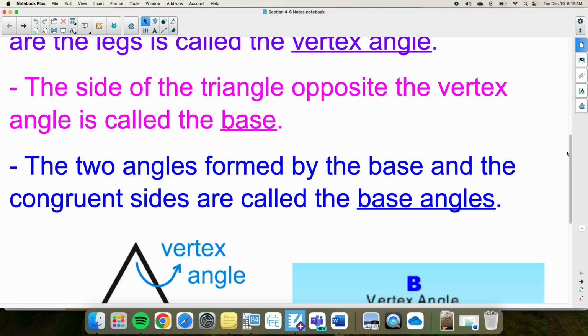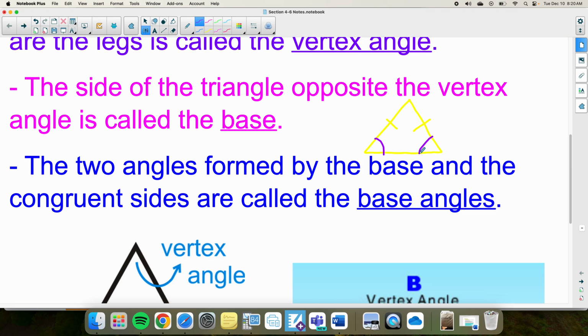An isosceles triangle is a triangle that has two sides congruent, only two sides, okay? And when it has those two sides congruent, the angles that are across from those two sides are also congruent. That's one of the biggest things that we learned today.